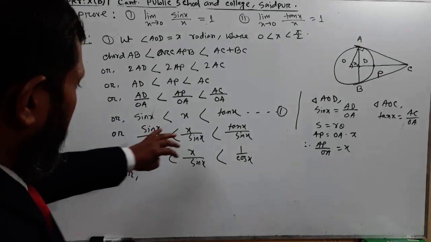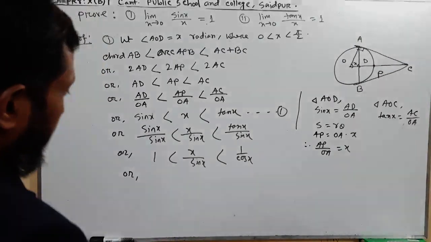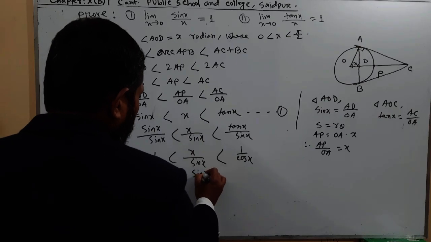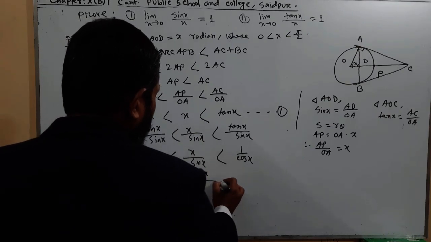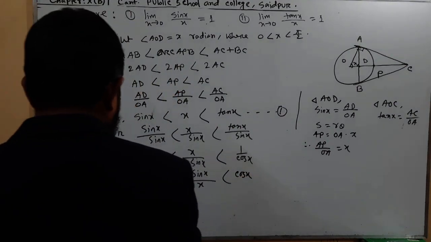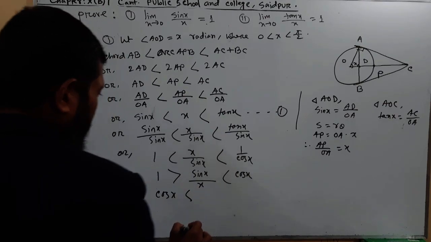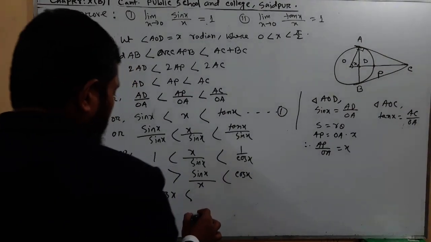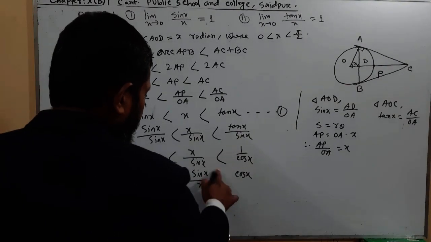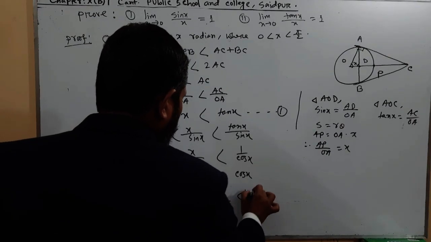If we write the fraction inversely, we get sin x by x, and cos x. So cos x is less than sin x by x, which is less than 1.